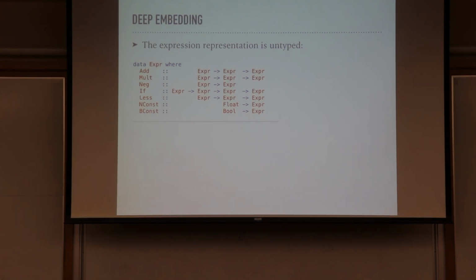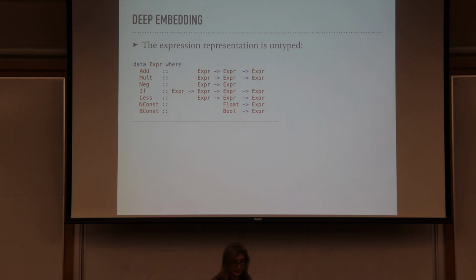So now we have the problem that we have multiple types, or the expressions can represent either floating point expressions or Boolean expressions. But this information is completely lost in the representation. And then I have to do what a dynamically typed language has to do, right?